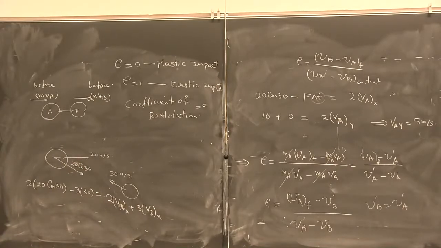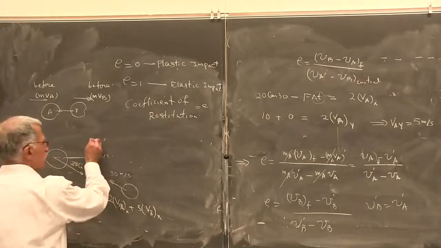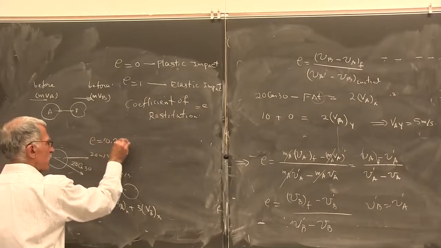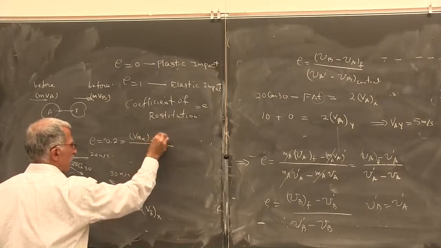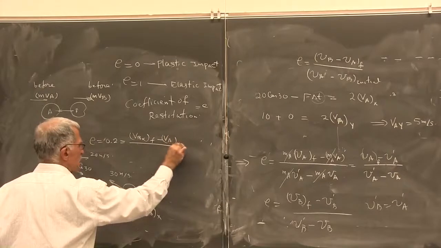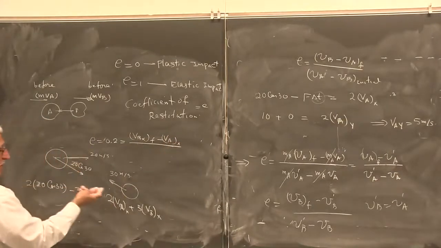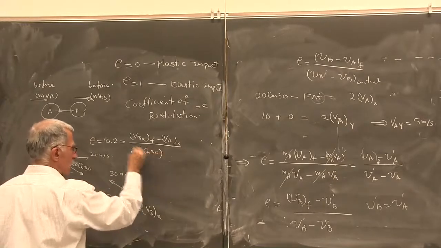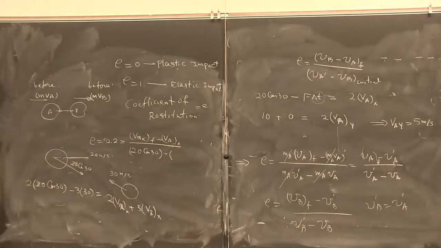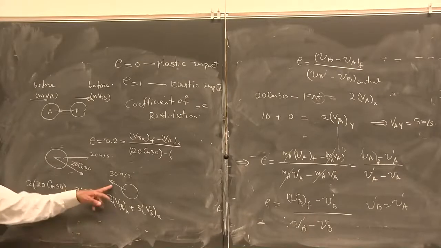Now I have to give you another one, based on the coefficient of restitution. If we say the coefficient of restitution E is equal to 0.2 for this problem, then E is equal to VBX final minus VAX final, divided by VAX, which is 20 cosine 30, minus VBX, that is minus 30.